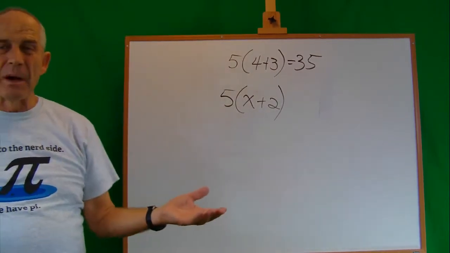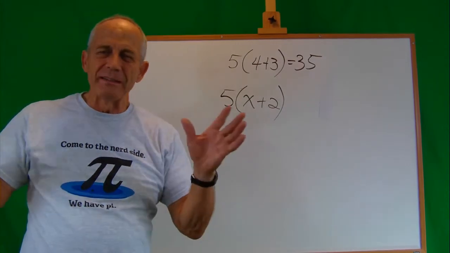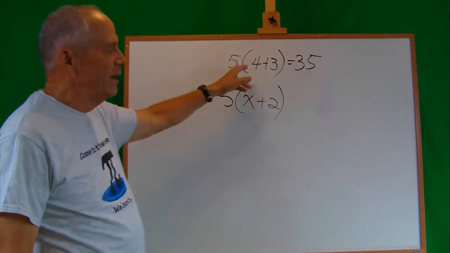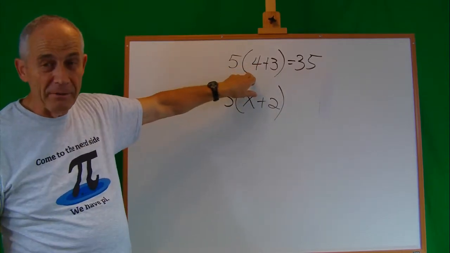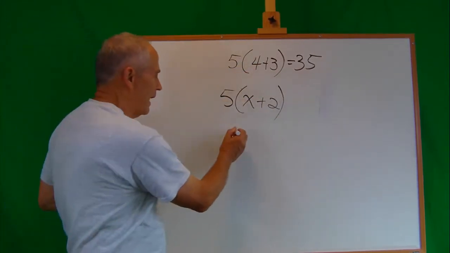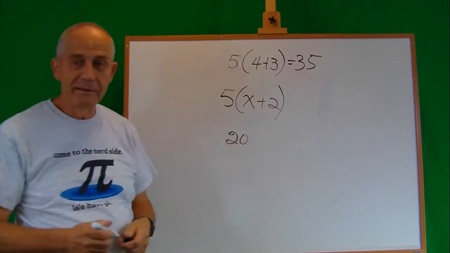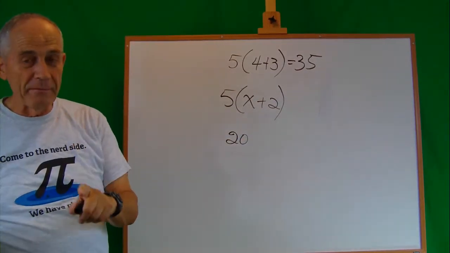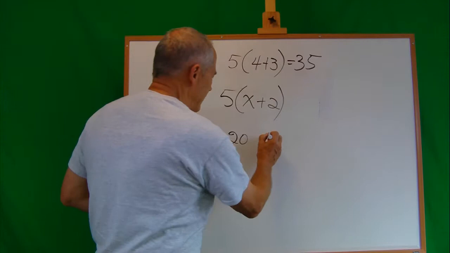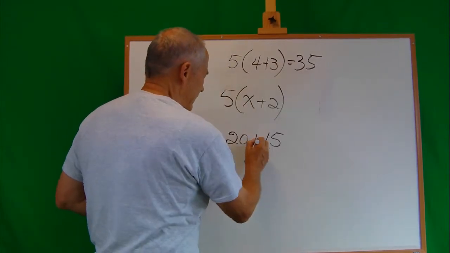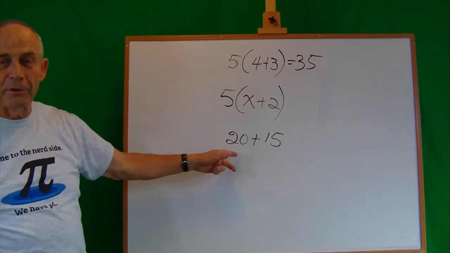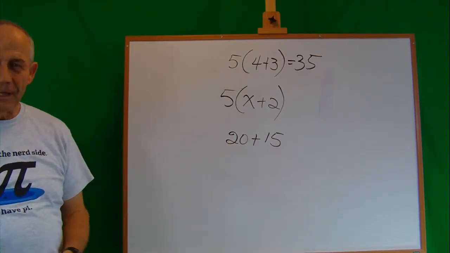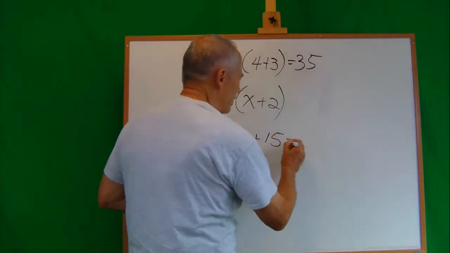Okay, so we had to come up with a different way to do that. Well, some bright person said, well, wait a minute. If I multiply the 5 times the 4, I get 20. And then multiply the 5 times the 3, I get 15, and I've got that add symbol there, and sure enough, 20 plus 15 is 35.